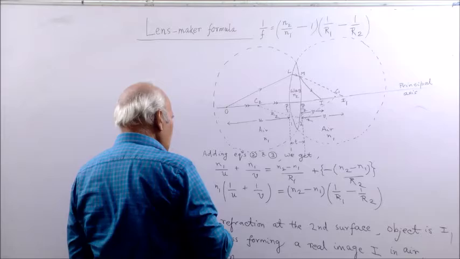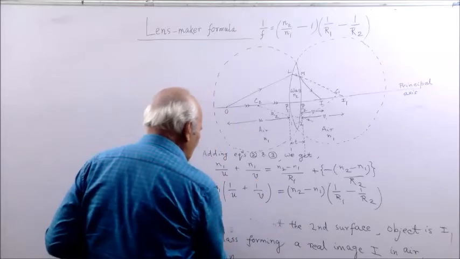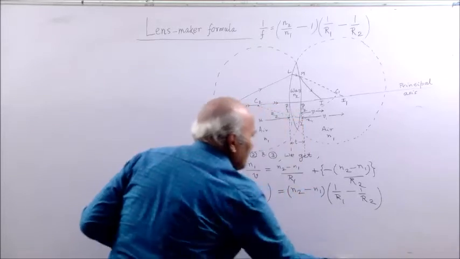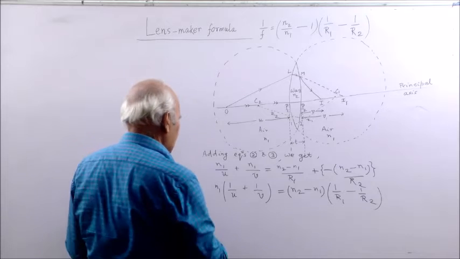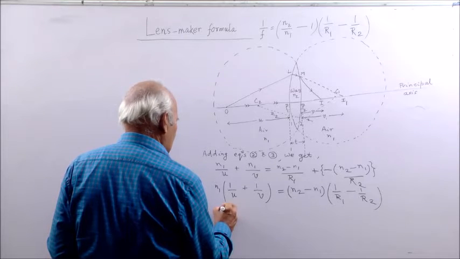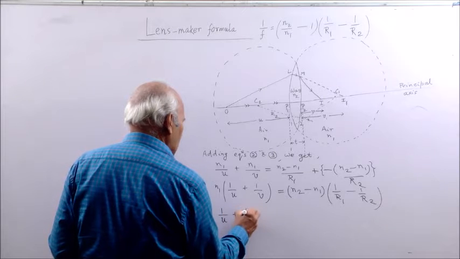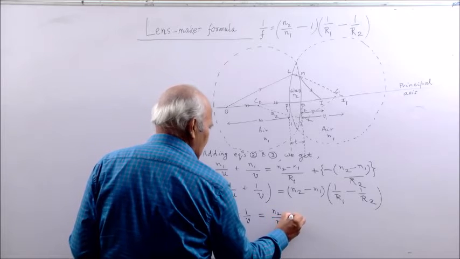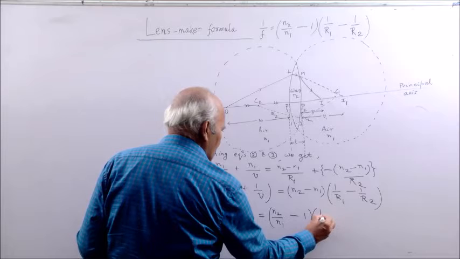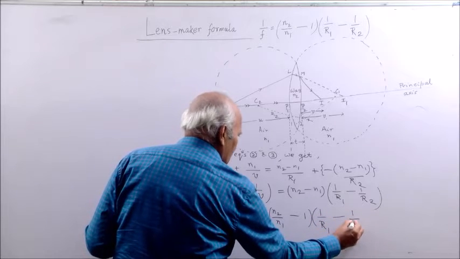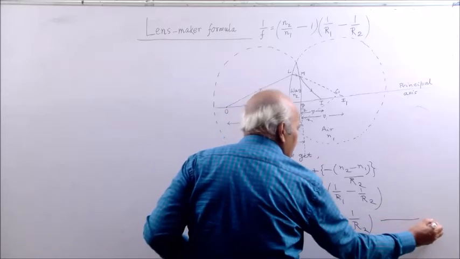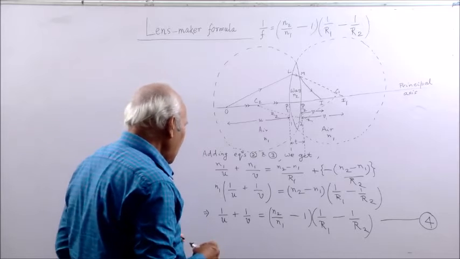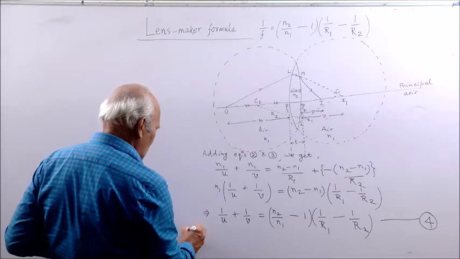Then if we divide by N1 on both sides, we get 1 by u plus 1 by v is equal to N2 by N1 minus 1 into 1 by R1 minus 1 by R2. So, this is your final equation, which is called the Lens Maker formula. Then actually two cases arise.